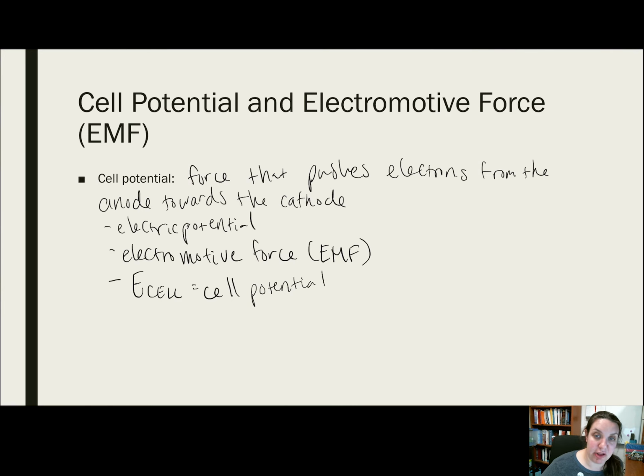interchangeable, but the unit for this electromotive force, or cell potential, or electric potential, is the volt, where 1 volt is equal to 1 joule divided by 1 coulomb.